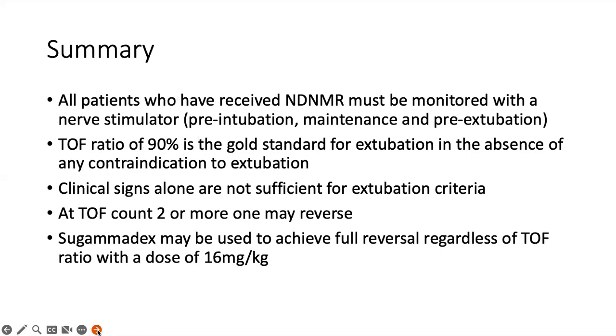Okay, so in summary, I think I've spoken a lot. All patients who have a non-depolarizing muscle relaxant should have a nerve stimulator. You should use a nerve stimulator with them. It's not always necessary to use a nerve stimulator when you're using drugs like succinylcholine, because we understand the mechanisms of succinylcholine, and it's broken down by pseudocholinesterase or beta-cholinesterase, and we don't reverse succinylcholine.